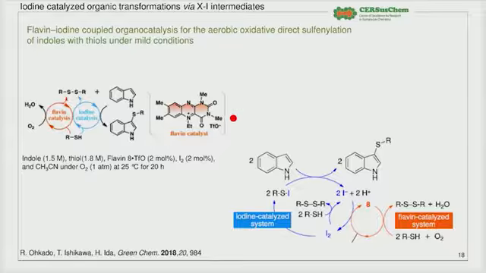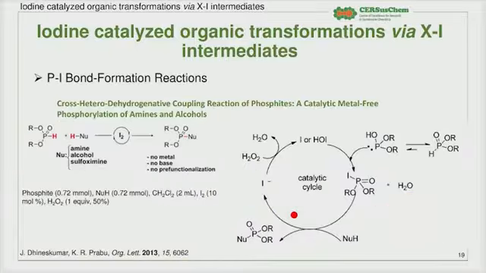In that work, what they demonstrate is the formation of the reactive intermediate, an electrophilic sulfur species, which reacts with the indole at the C3 position, forming the product and resulting in I minus and H plus, which form HI. Now, the flavin is also a co-catalyst, which oxidizes the iodide in this transformation back to molecular iodine.